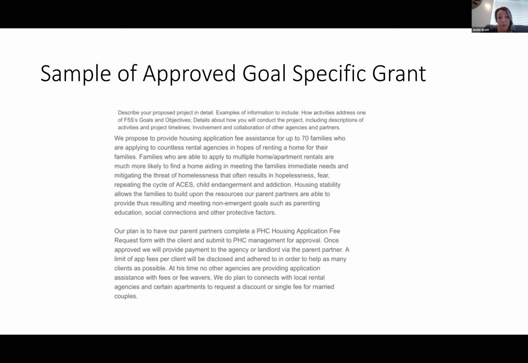So there's some hard data for us, for families applying to countless rental agencies in hopes of renting a home. They identify the problem by talking about families who are able to apply to multiple homes and are much more likely to find a home, aiding in meeting the family's immediate needs and mitigating the threat of homelessness that often results in hopeless fear, repeating this cycle of ACEs, child endangerment, and addiction.